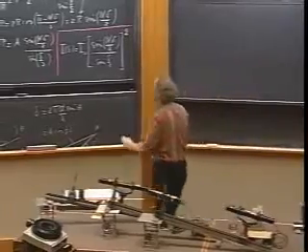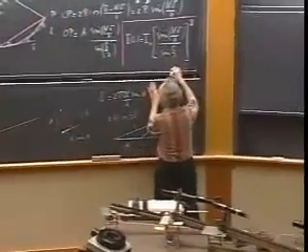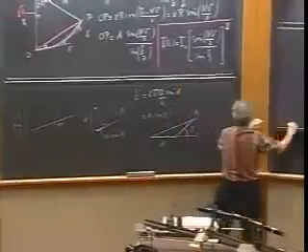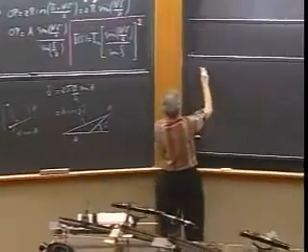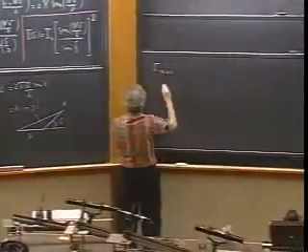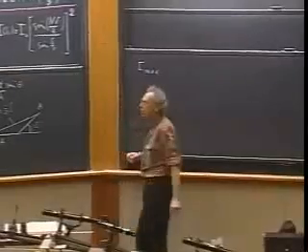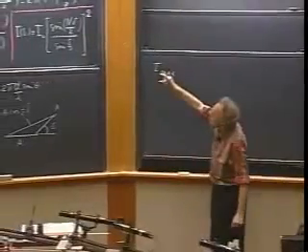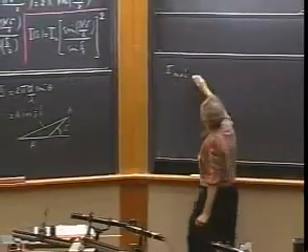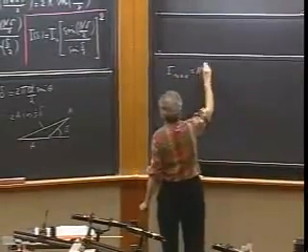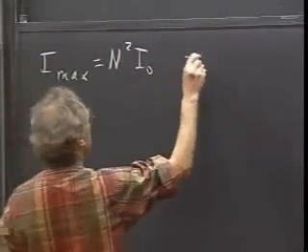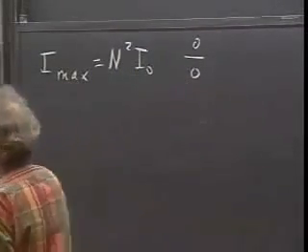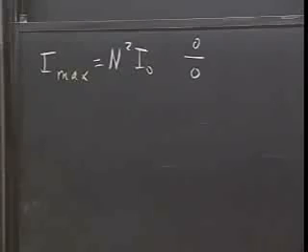And that ratio then becomes the maximum value possible. So I write that here. So the maximum value possible, if you use L'Hopital, you will find that that ratio is n squared. And so this becomes n squared times I0. So that's the case when you get 0 divided by 0 in that equation.